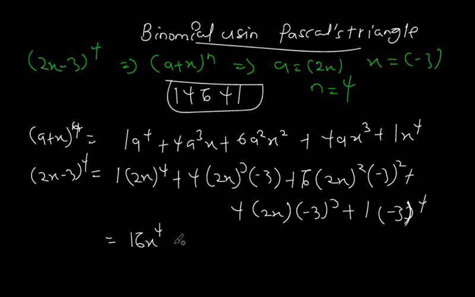Then this will give us minus because of the negative sign over here: 3 times 2 raised to the power 3 times 4 will give us negative 96x cubed, plus 6 times 2 squared times negative 3 squared will give us positive 216x squared, then minus this 4 times 2 times 3 cubed, negative 3 cubed will give us negative 216x, then plus negative 3 raised to the power 4 will give us 81.